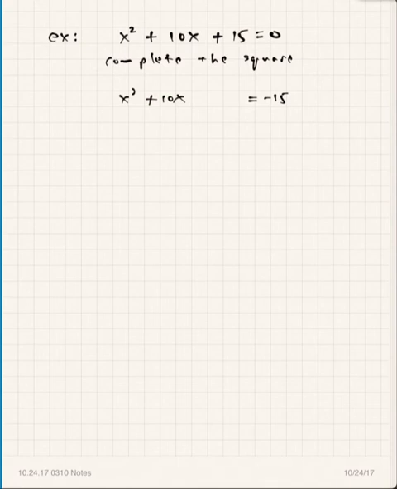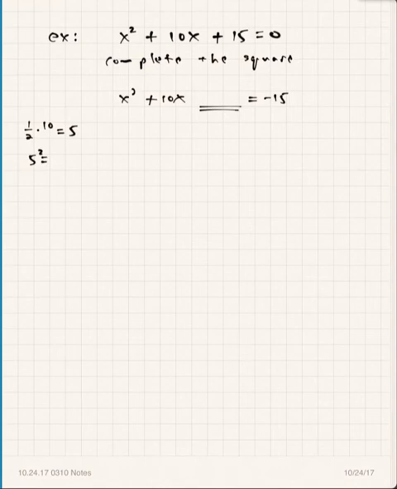Notice I left this empty space right here, because we're going to fill that in with a different number. So now we take the middle coefficient, the 10, and we multiply it by 1/2. It's always 1/2 times the middle coefficient. That gives me 5, and then that number is squared.